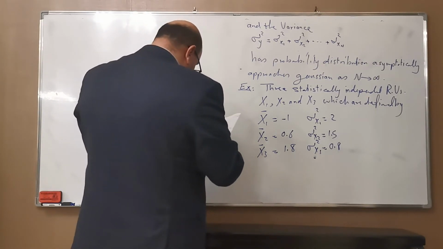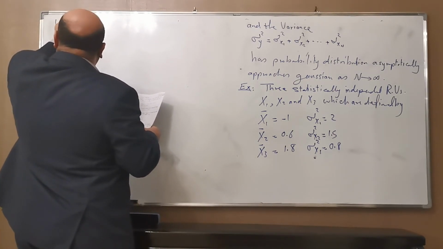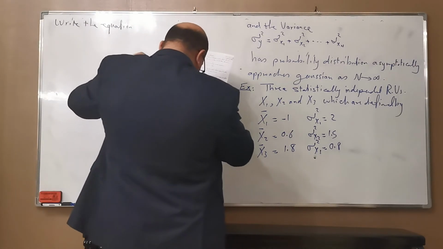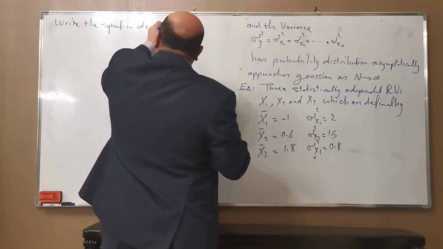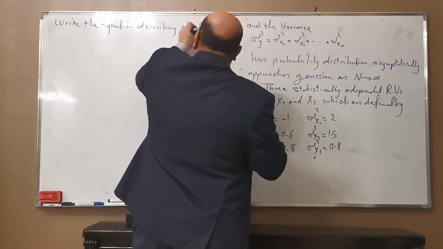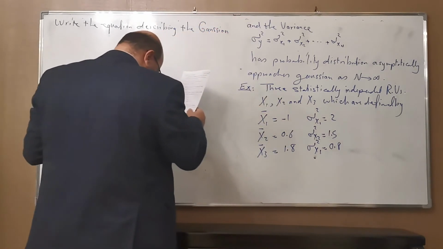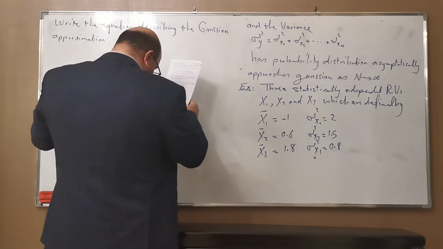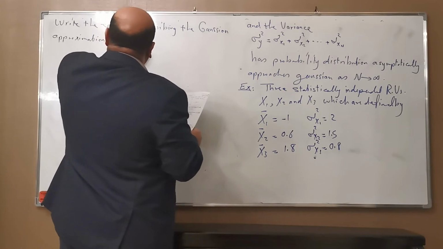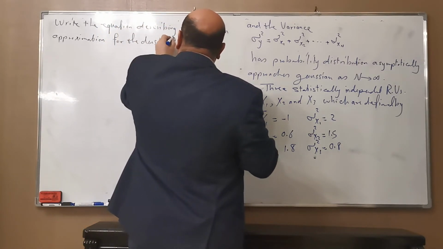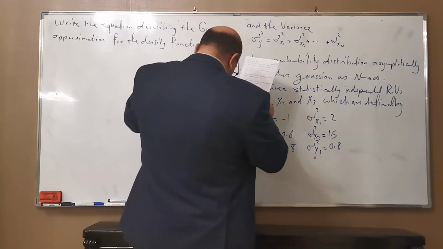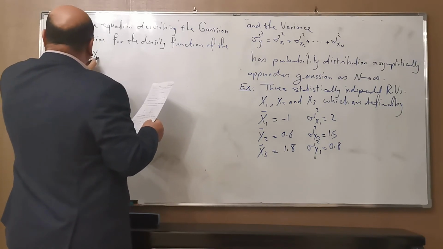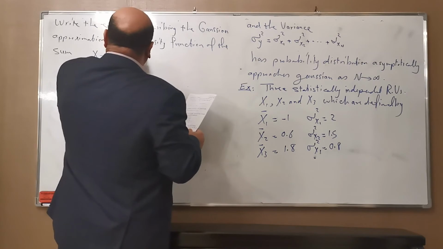Okay, so we need to write the equation describing the Gaussian approximation for the density function of the sum x equals x1 plus x2 plus x3.